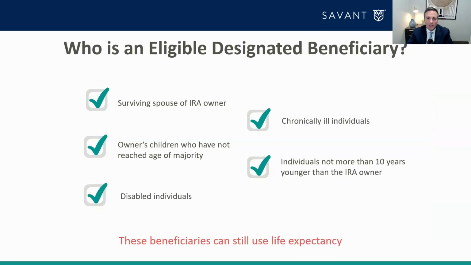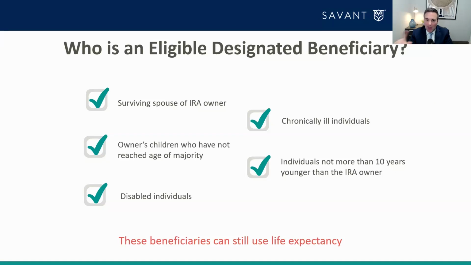Okay, and I mentioned before that one of the exceptions to the 10-year distribution rule is for inheritors of IRA accounts who are considered eligible designated beneficiaries. If you're considered an eligible designated beneficiary, instead of being subject to the 10-year rule that I described, you can actually stretch or take distributions over your remaining actuarial IRS life expectancy.